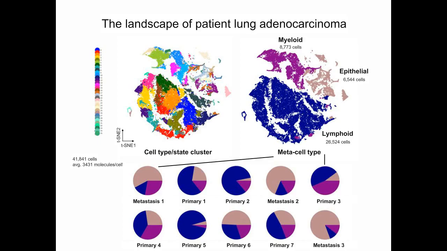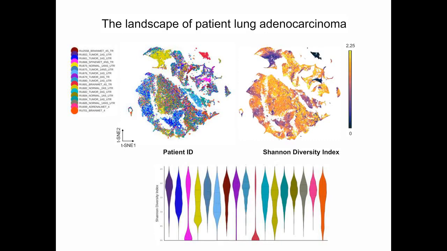And I mentioned that one of our key factors here is we wanted to make sure that from patient to patient, the variability that we're studying is the biological variability and not technical differences from sequencing run to sequencing run.